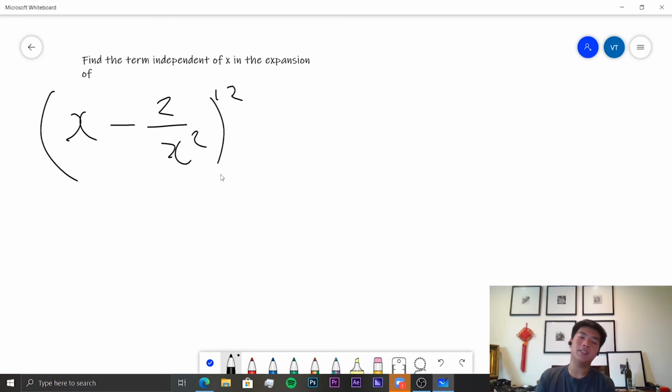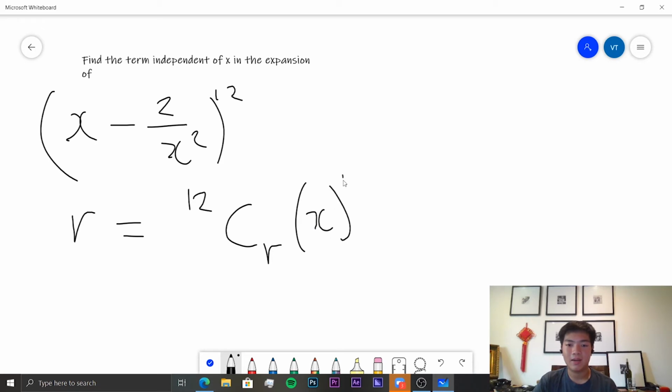Well, if you noticed in the previous example, when we were doing certain terms, say this is going to be 12 choose r. The rth term will be equal to 12 choose r, times x to the n minus r, times negative 2 over x squared to the r.